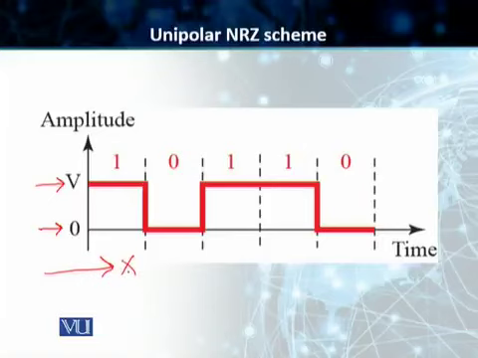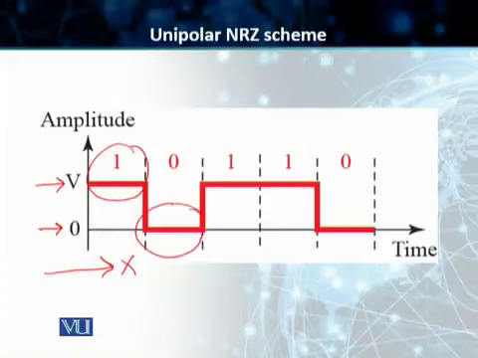time axis. Students, why is this called non-return to zero? The reason is that the positive voltage defines bit 1 and the 0 voltage defines the bit 0. At no point in time does the signal return to 0 in the middle of the bit.